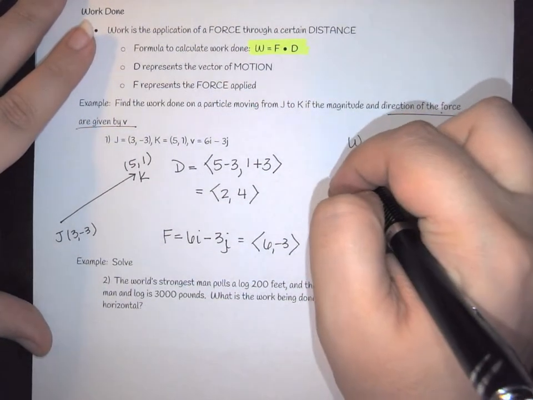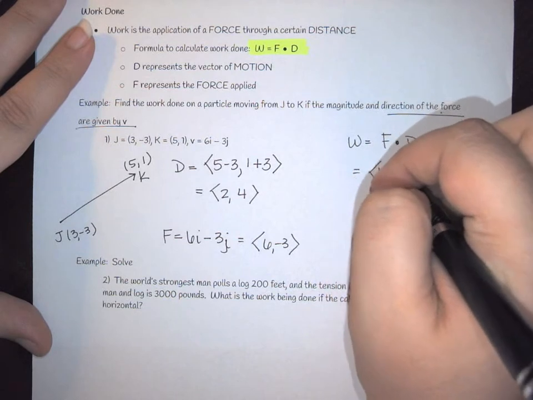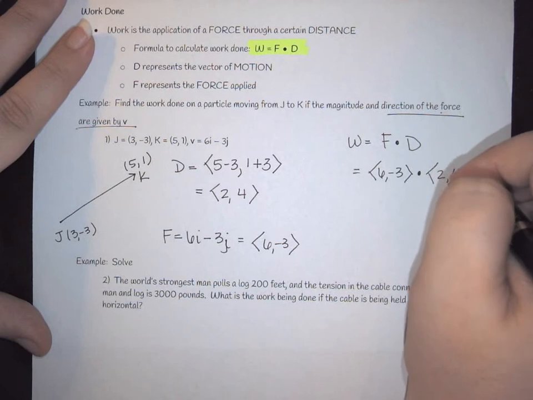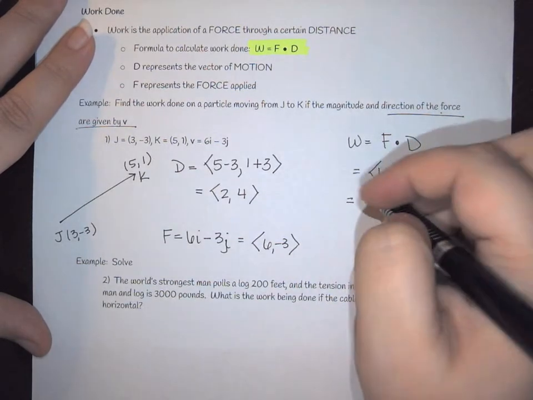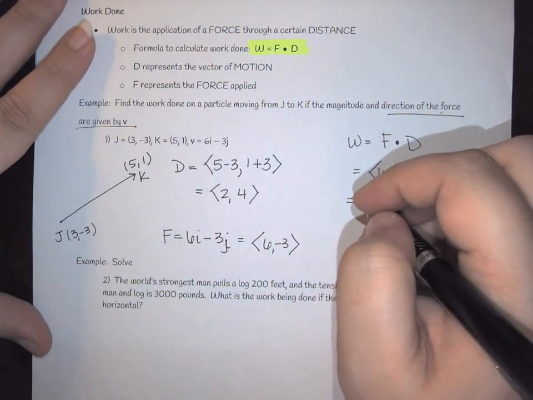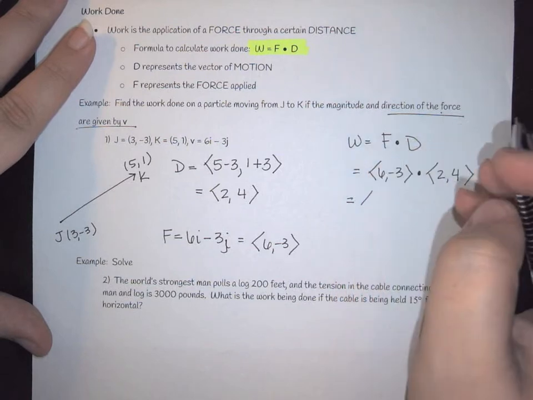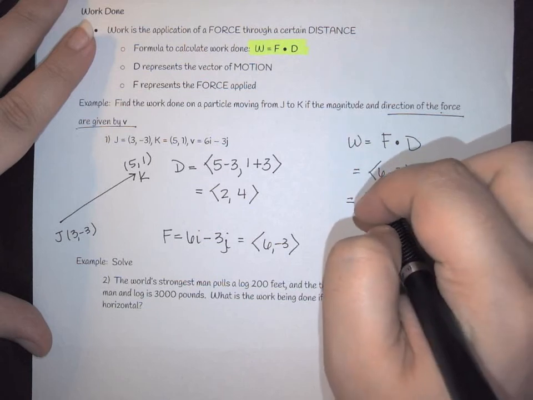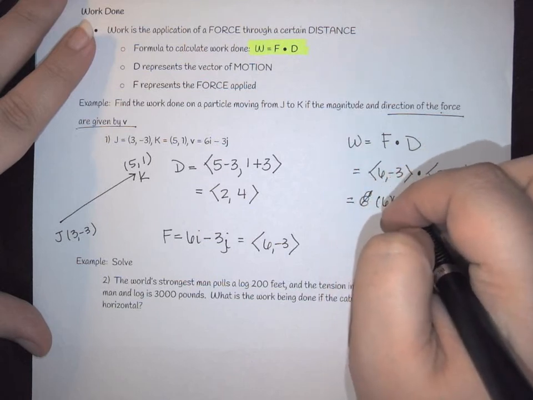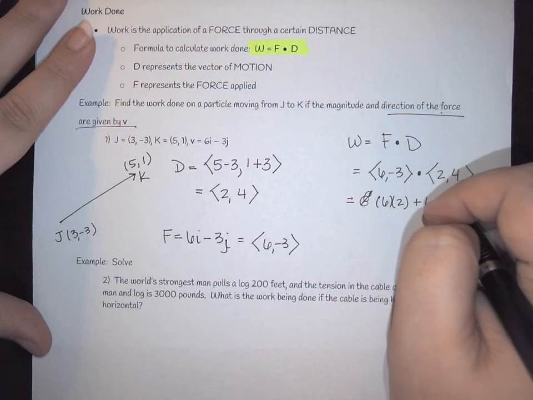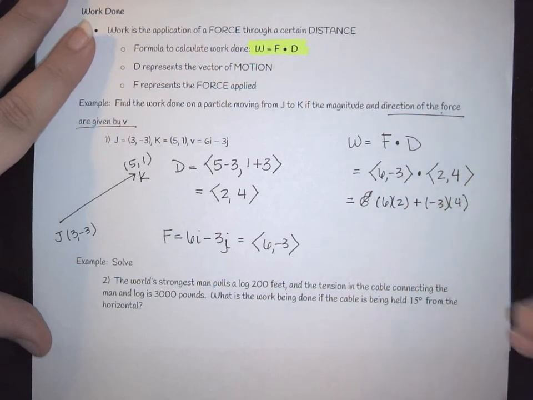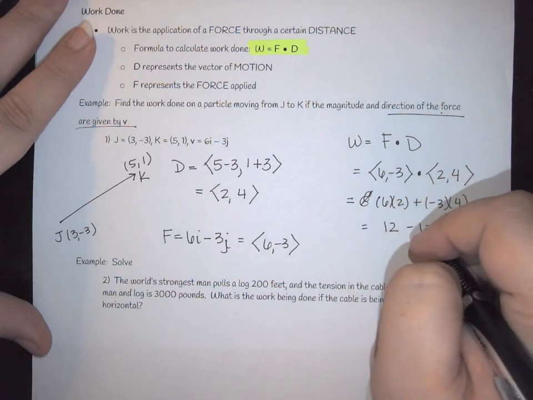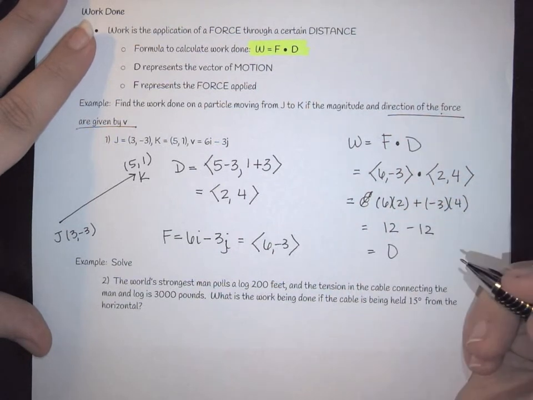So here my work is going to be 6, -3 dot product with 2, 4. So in this case, we're going to end up with 6 times 2 plus -3 times 4, which gives 12 minus 12, which gives us 0.